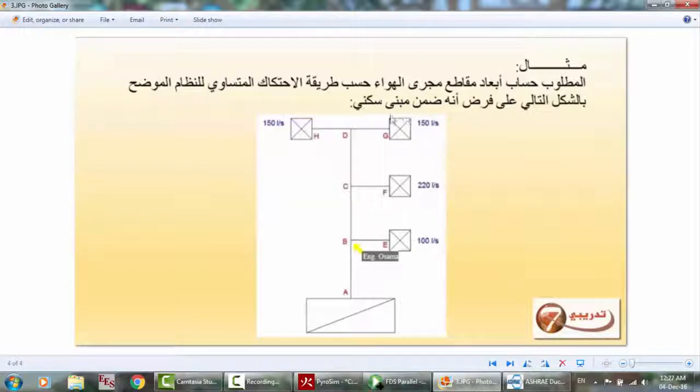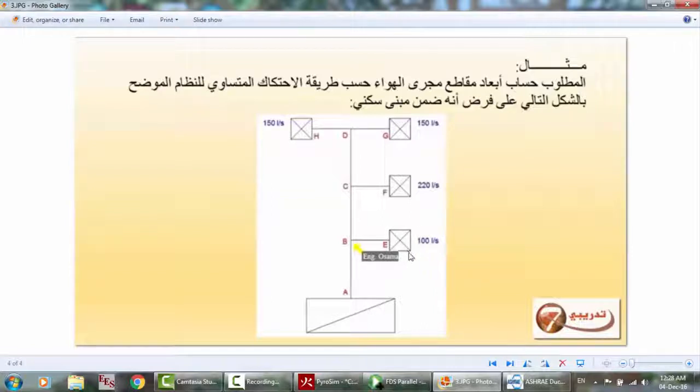Okay, so what happens in reality? Here is a single diagram. This is just a theoretical diagram. We suppose that this zone is 150 liter per second, and this room is 100 liter per second. But actually, due to the air that enters this room with 4 pascals, this flow rate will increase in reality.